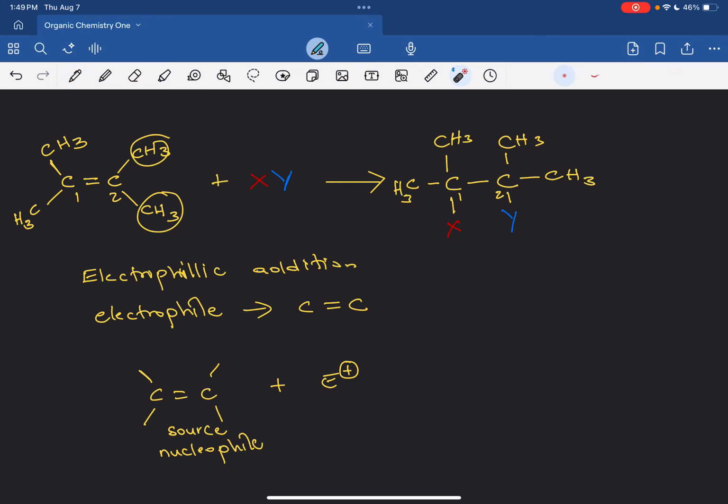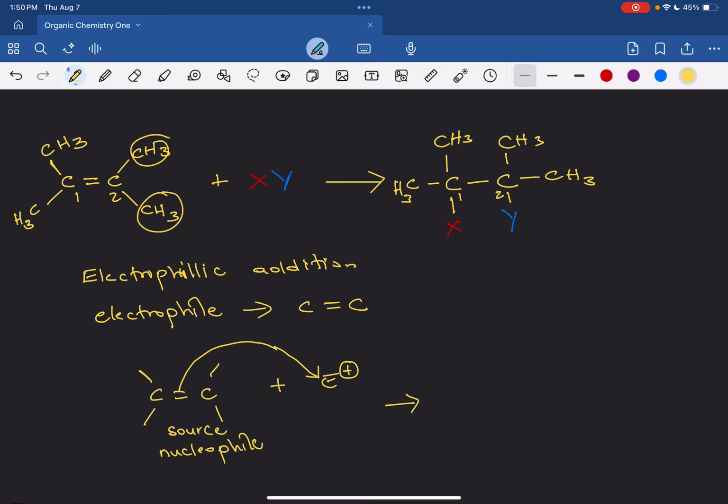Once you have that double bond, it is rich in electrons and it is willing and ready to give up some electrons to the electrophile. That's why in that first step your electrophile gets added to one of these carbons. This is what the mechanism actually looks like. Your electrons from your double bond will make a bond with the electrophile, right?